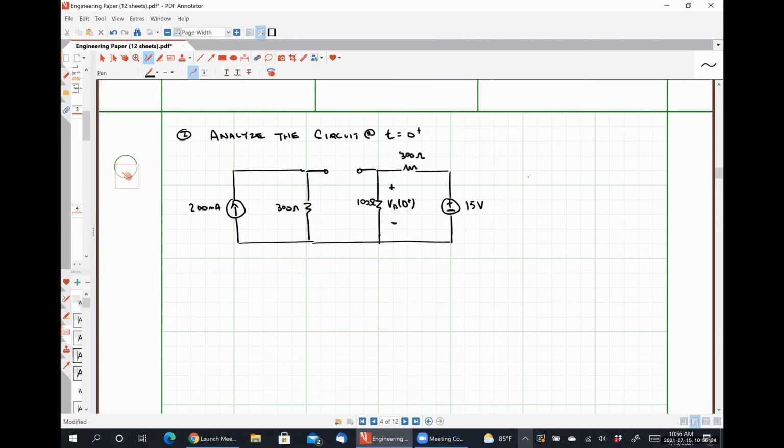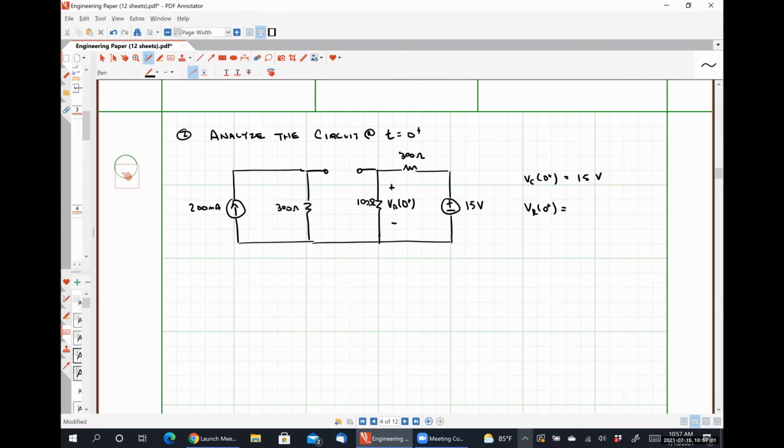So this is my way of saying that VC at 0 plus has to be 15 volts because VC at 0 minus was 15 volts. And we know that the capacitor voltage cannot change abruptly. So how could we figure out VR at t equal to 0 plus?